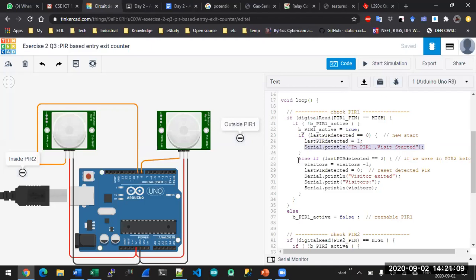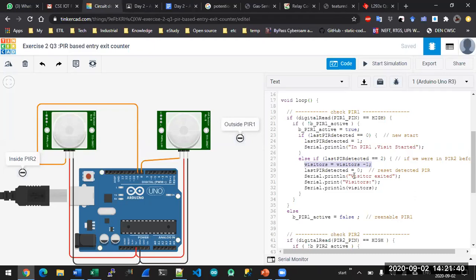Else if lastPIRdetected was 2, that means the last PIR detected was the inside PIR, so the person is going from inside to outside. What we have to do in that case is decrease the visitors, because the person is moving from inside to outside, so we decrease the count by 1.